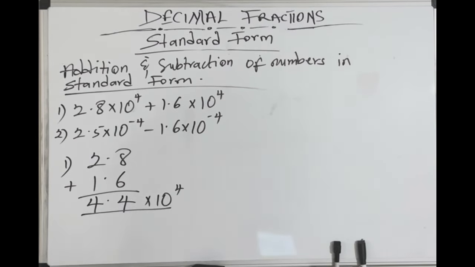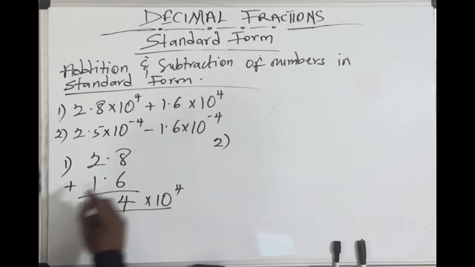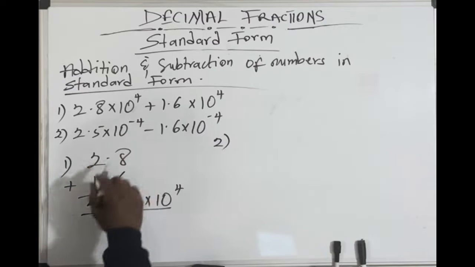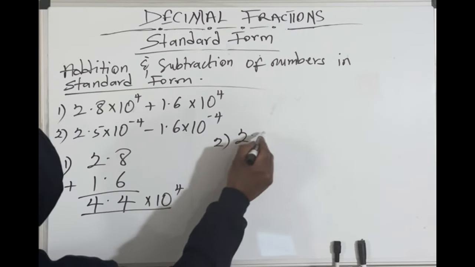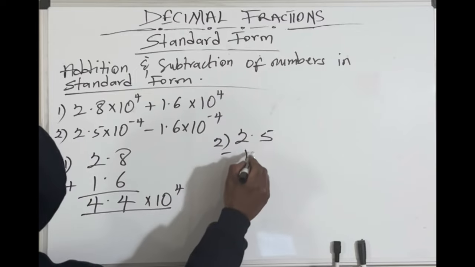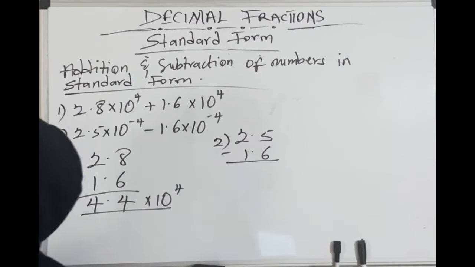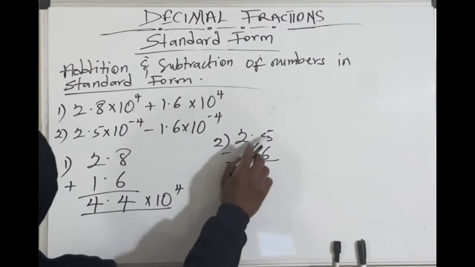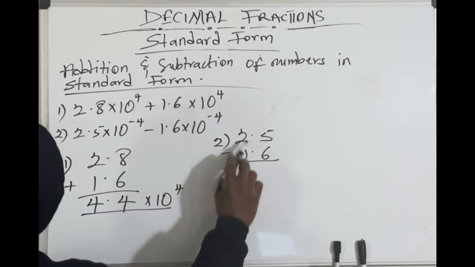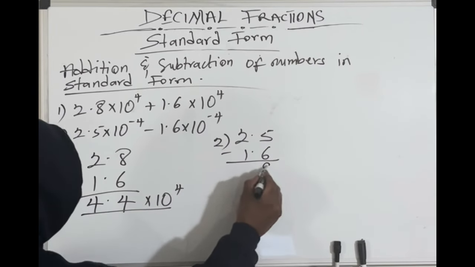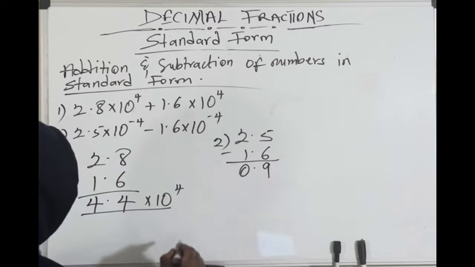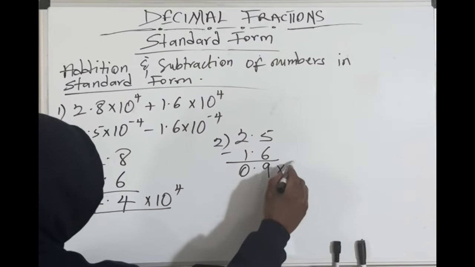Okay, so question 2, the same power, so we subtract 2.5 minus 1.6. Okay, 5 minus 6 cannot work, so we have to borrow 1, which will be what? 9 and what? 0 times 10.